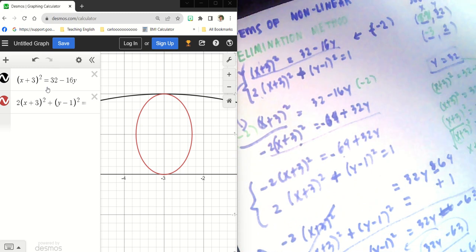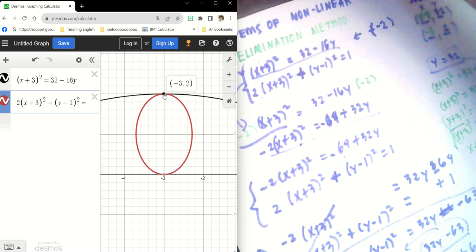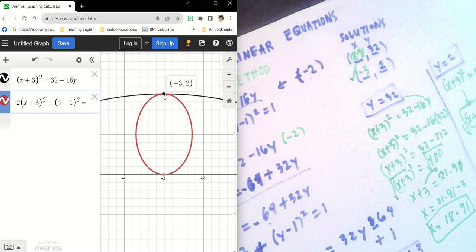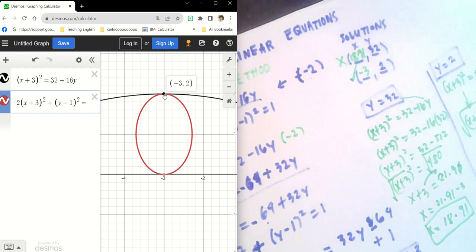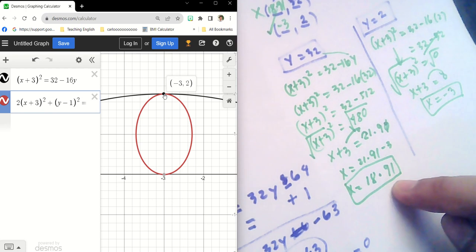X plus 3 squared is equal to 32 minus, let me check. Okay, so as you can see, it is a parabola and an ellipse, so they intersect only at negative 3 comma. So one of our solutions is correct and the other one is not a solution. So maybe if we substitute, this is not a solution.